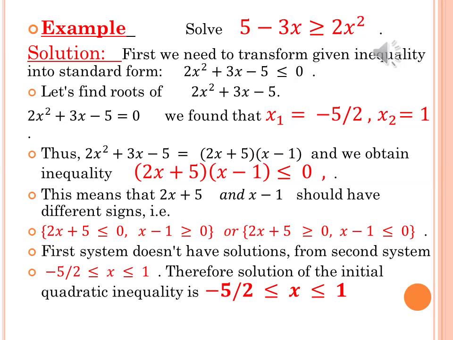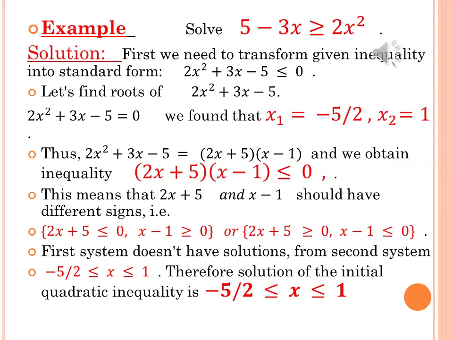To solve it, we have x greater than 1 and x less than negative 5 over 2. On the other side, x less than 1 and x greater than negative 5 over 2.